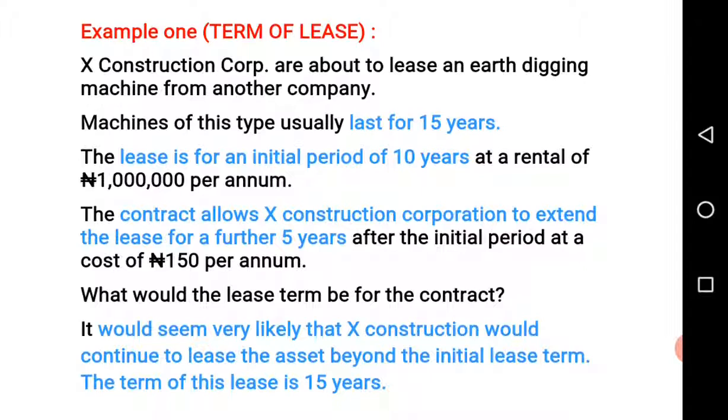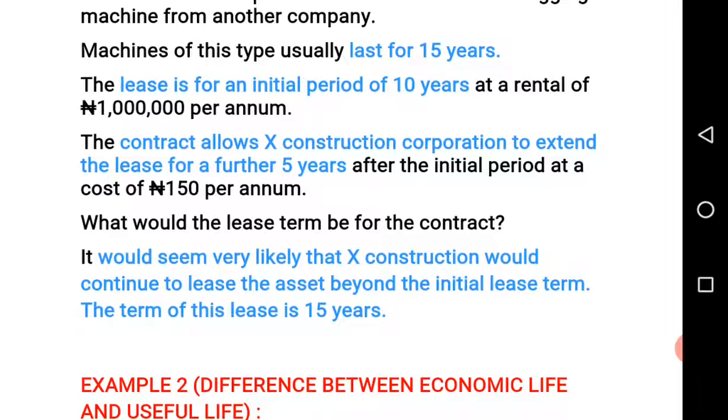Now he leases it to the lessee, to be extended for his use, for a lower amount of money. Here they said it would seem very likely that X Construction would continue to lease the asset beyond the initial lease term, which is the primary period. The term of the lease is 15 years.